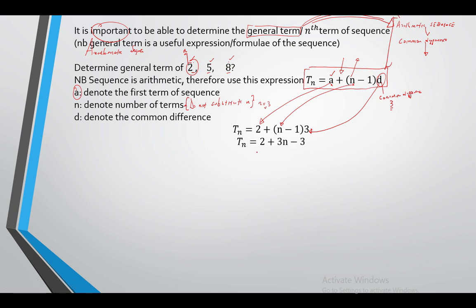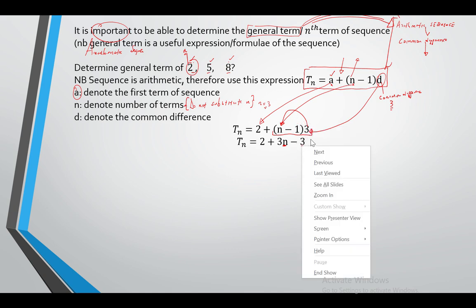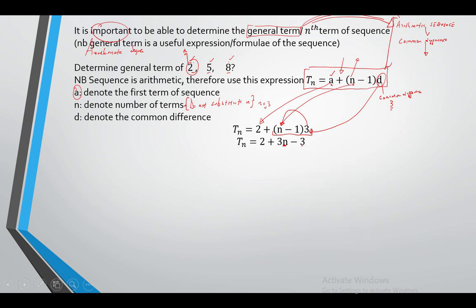Here I applied the distributive property. You can tell that we needed to remove the bracket. The 3 is outside the bracket, so multiply every term inside the bracket: 3 times n is 3n, and 3 times negative 1 is negative 3. From here, we deal with algebra.